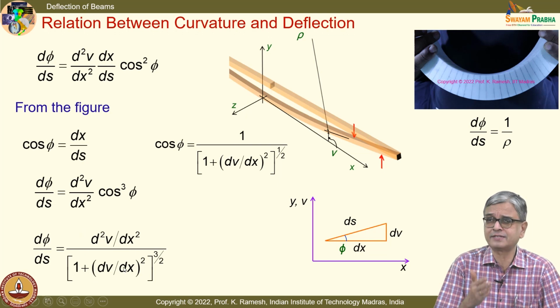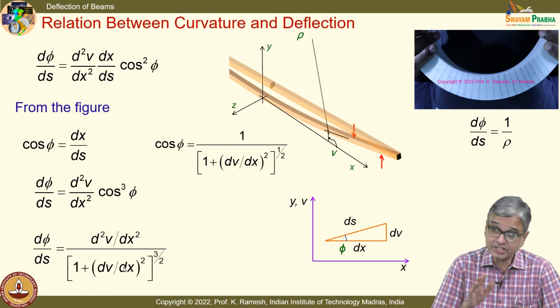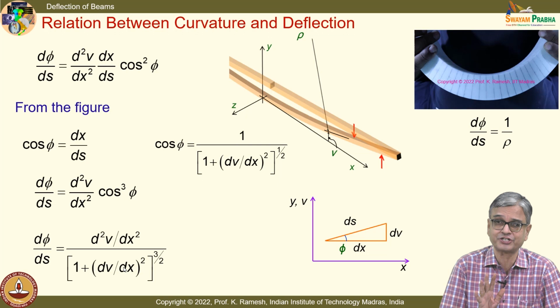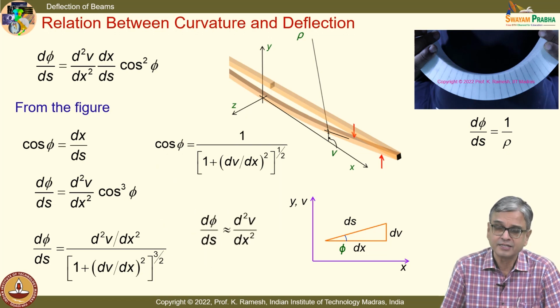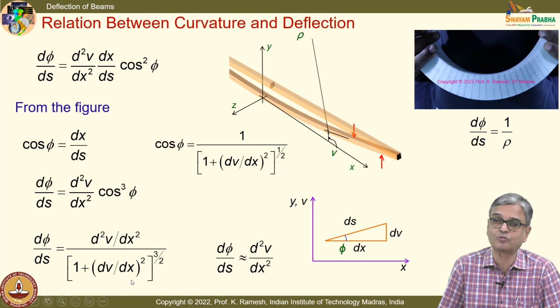We have always been saying that we live in linearized elasticity. That is justifiable not because we want to force it to be linear, but because our deformations in actual practice are extremely small. You must recognize that. So, it is a very valid approximation. It simplifies your mathematics. So, I say dv by dx is very small. So, dv by dx squared is going to be a very small quantity.